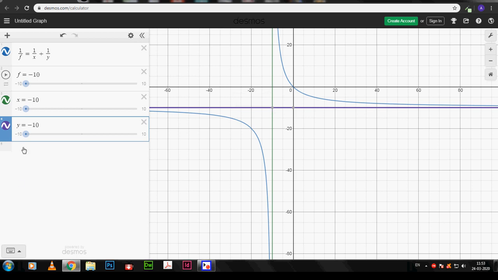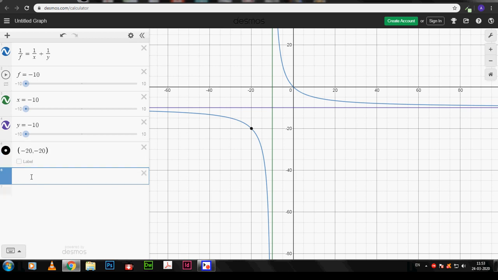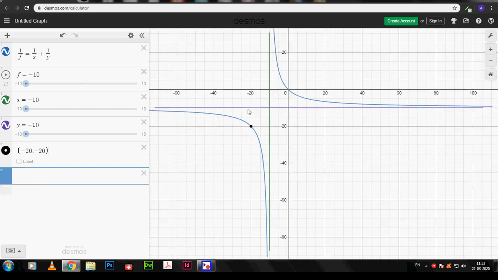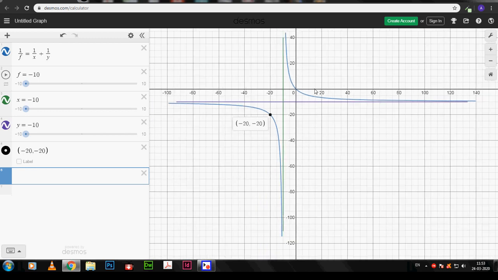Here it is, and the point will be minus 20, minus 20. This is it. This is the radius of curvature. Understand?